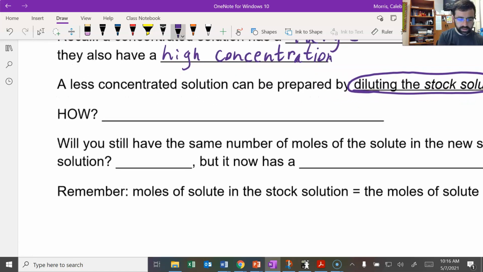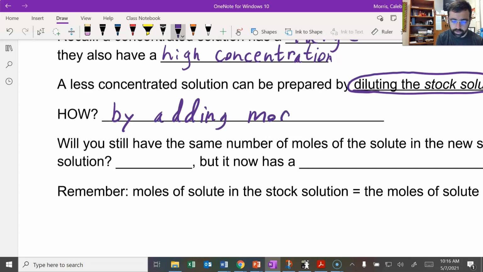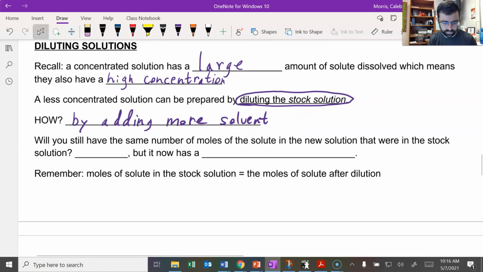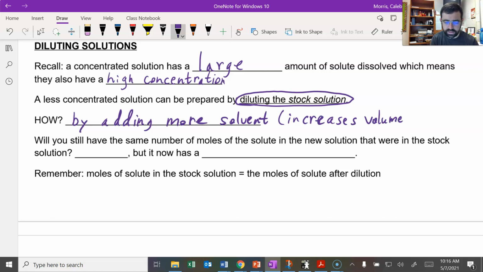How do we do this? We do this by adding more solvent, often water, but just adding more of the solvent, which is usually water. This changes the volume. So it increases the volume without changing the amount of solute.